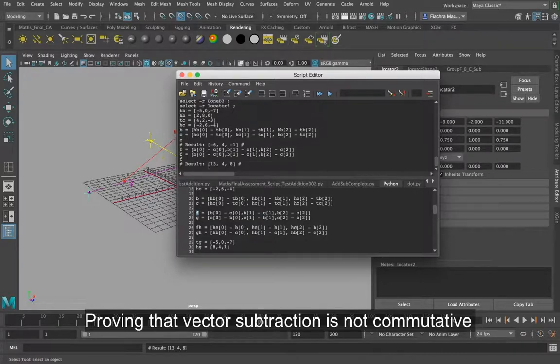This is from the subtraction of B from C, and the result of that is 13, 4, and 8.